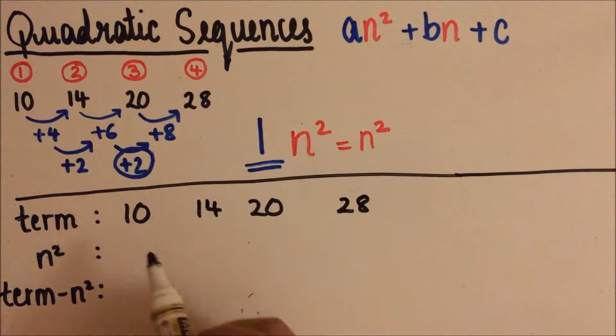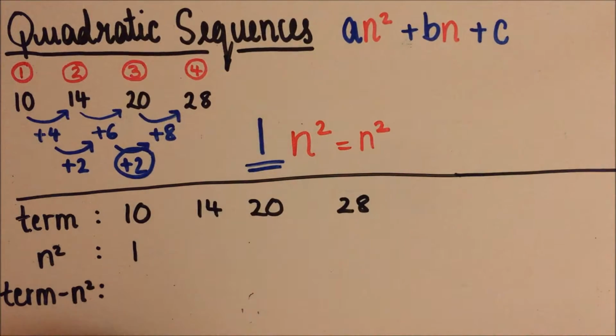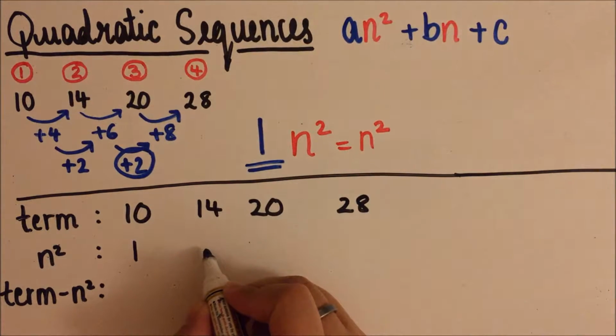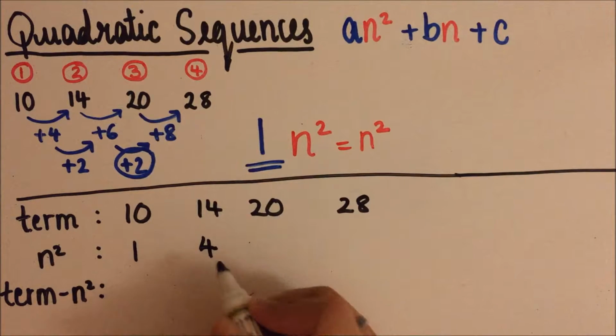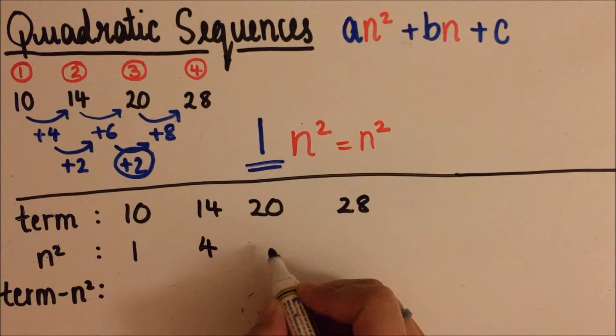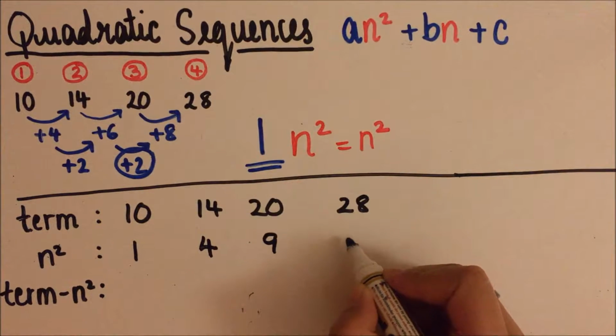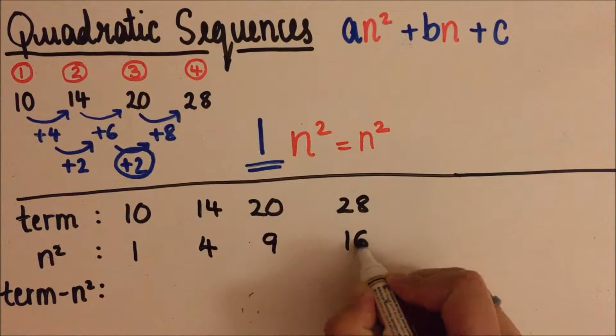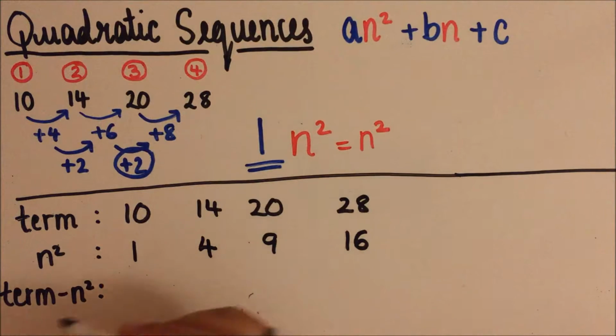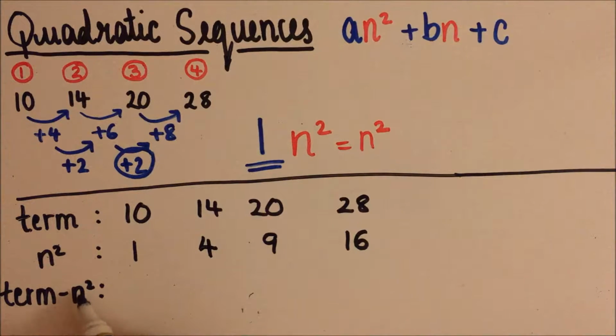So when n equals 1, 1 squared we get 1. When n equals 2, we get 2 squared, which is 4. When n equals 3, we get 3 squared, which is 9. When n equals 4, 4 squared is 16, okay? The third part of this step is to do term minus n squared.